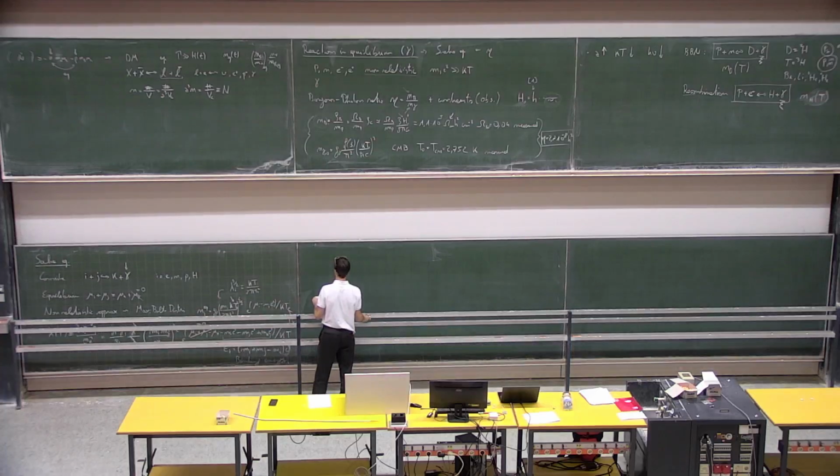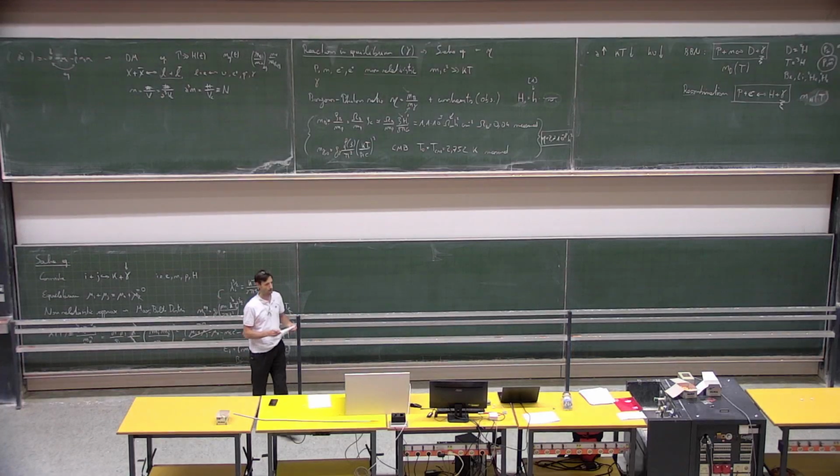Then what we do is, because in the end we want to see what the dissociation rate is in the case of BBN, or the photoionization rate in the case of reionization. It's the same thing, two different names, just terminology.